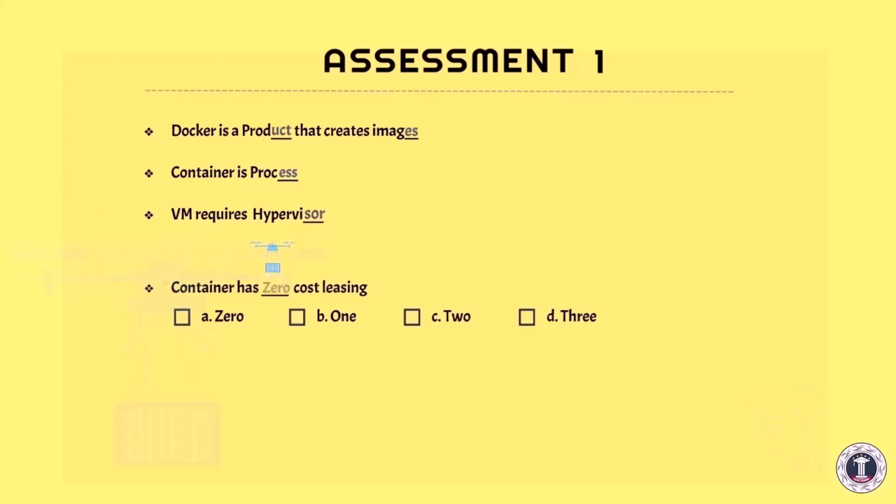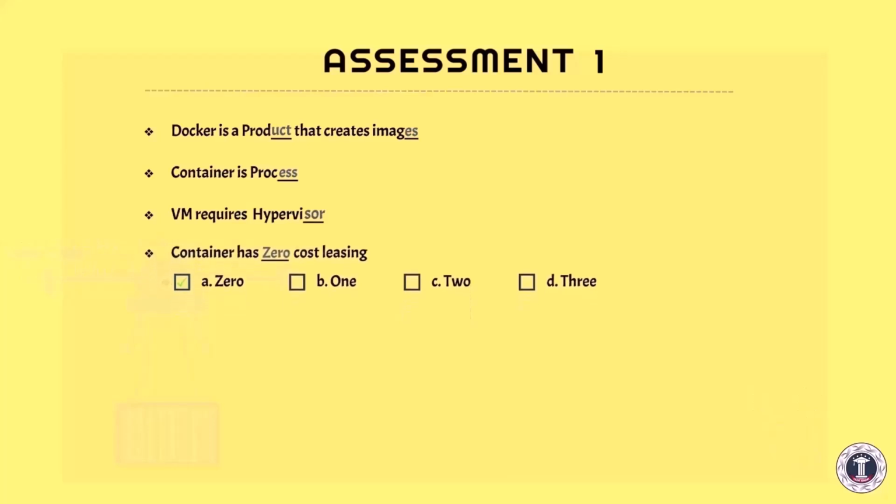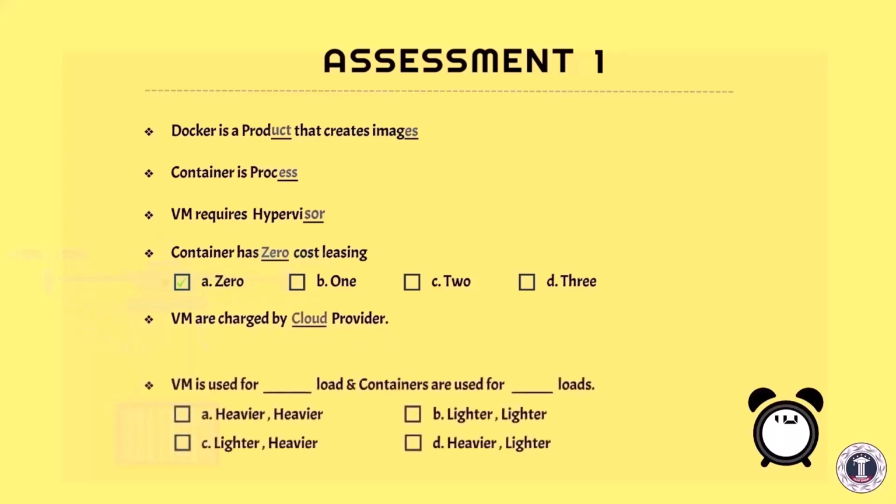Container has zero-cost leasing. VM are charged by cloud provider. VM is used for heavier load, and containers are used for lighter loads.